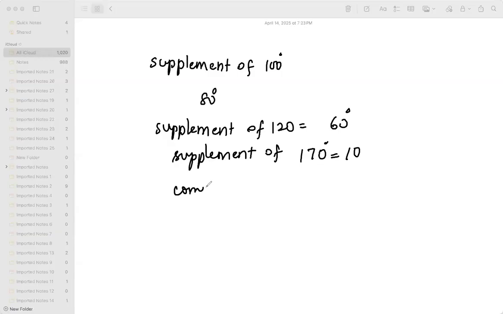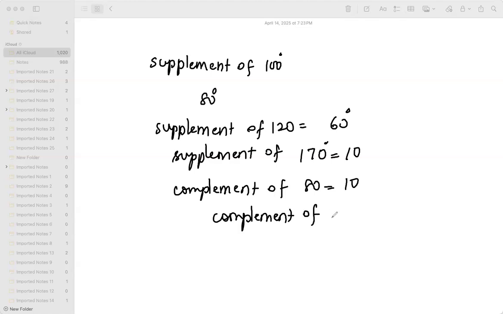Now, what is the complement of 80? Johan, what is the complement of 80? 10. What is the complement of 50? 40. Did you understand, Nikita?